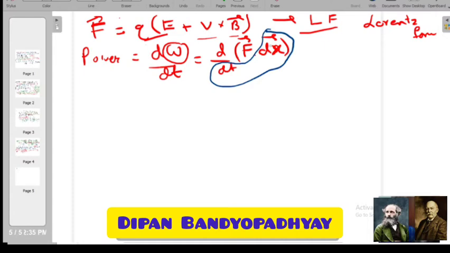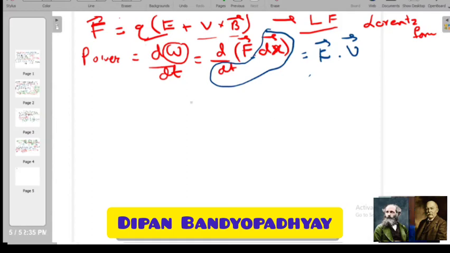Note, we are writing dx/dt, which means we take the change in distance and change in time, but simply I am telling you this distance by time represents the velocity. So simply what you can write is force into velocity, the dot product.